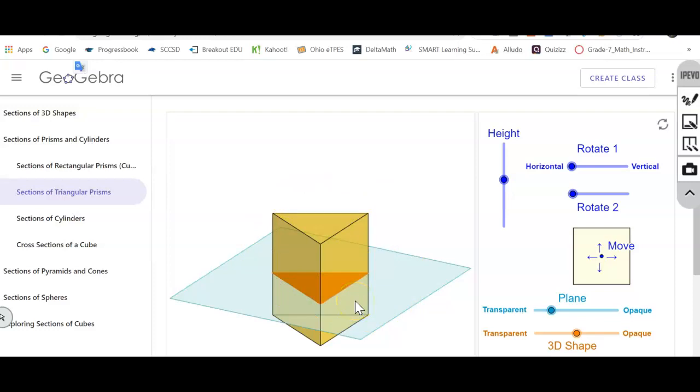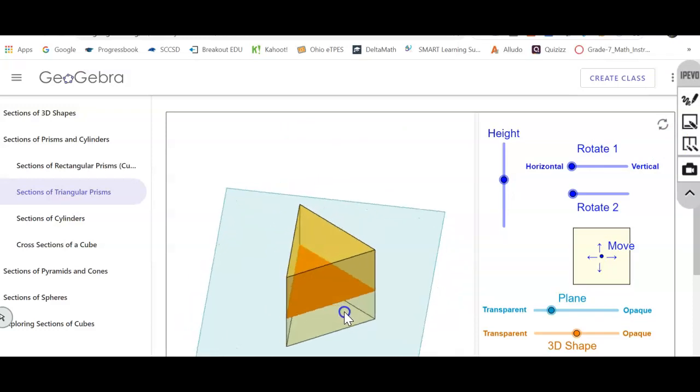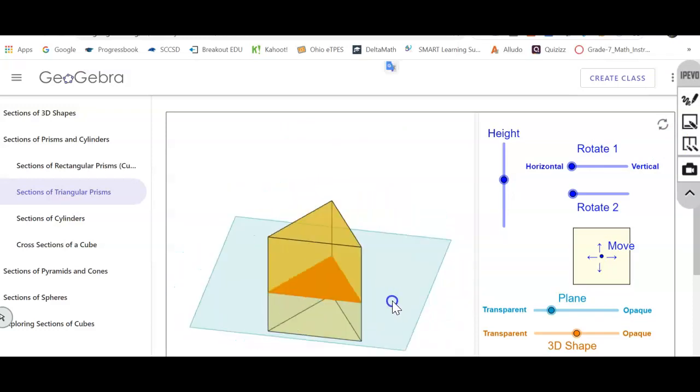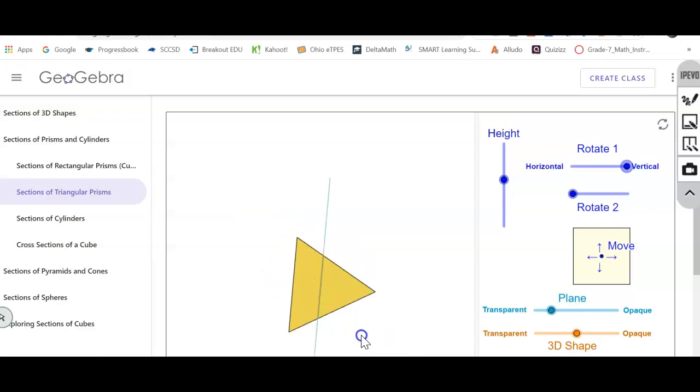That's why we call it a triangular prism. So we get a horizontal slice, we get a triangle, right? What if I got a vertical slice? What shape do I get? You get a rectangle.